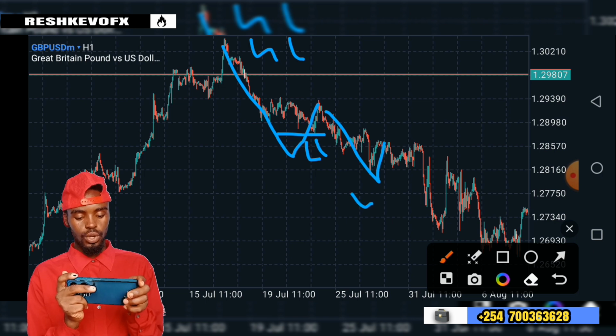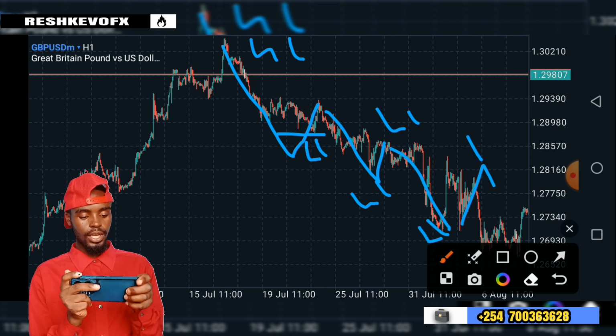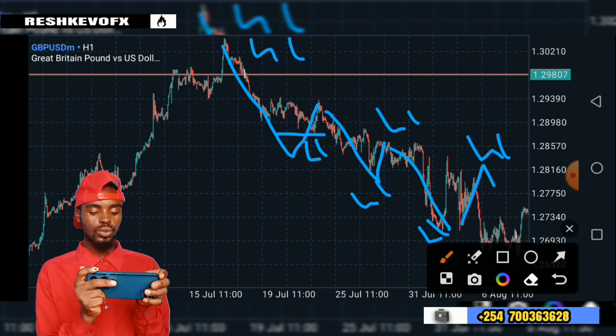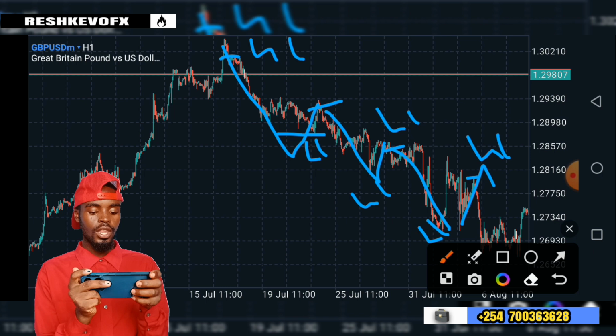This is a low, this is a high. Another move down, this is a low. This is a sort of correction, a high. As smart money concept traders, the higher institution traders are taking their trades at this level, this level, this level, this level, the high.